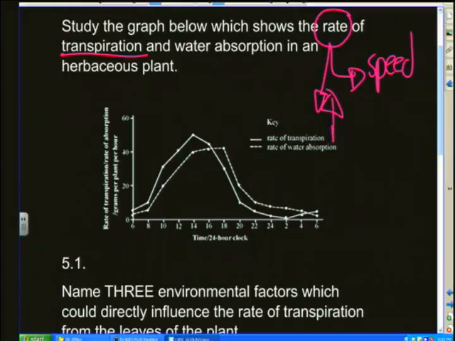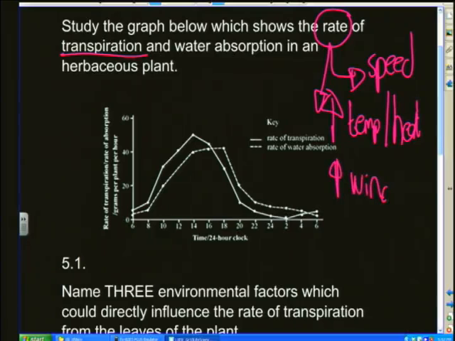We're going to look at temperature. Be specific: heat. The hotter it is, the faster transpiration will occur. What else? Wind. The more wind, the faster the rate increases. What else? Sunlight.